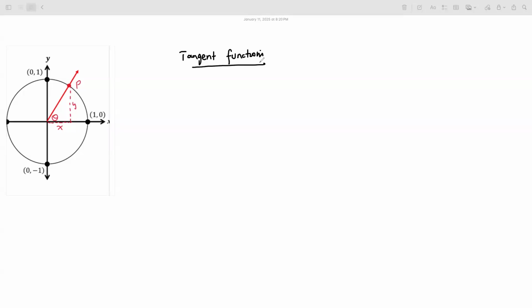We have only covered sine and cos and their transformations, right? So this point is minus 1 comma 0 though. Now, when you look at this unit circle, right? Tan theta is y by x. So basically, tan theta also refers to the slope, change in y by change in x.